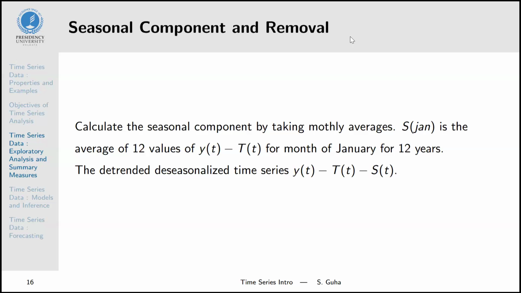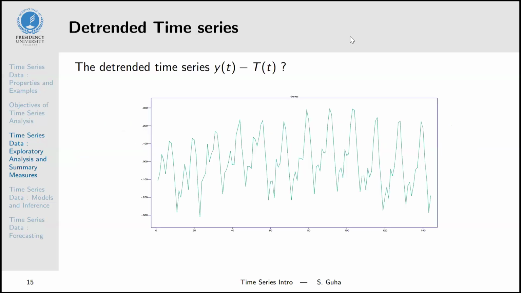Sir, can you please repeat the S_t once again? Yeah. Once I have got the trend function, the next step is to calculate the seasonal part. Now, how do I calculate the seasonal part? After detrending, after the trend part is gone, you see that the values for each January are more or less similar.